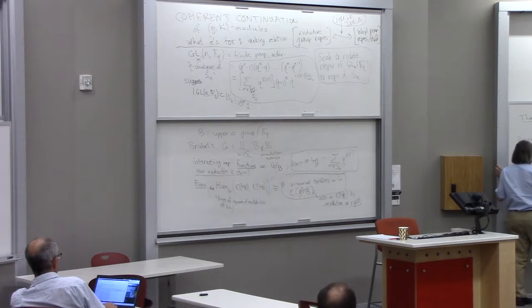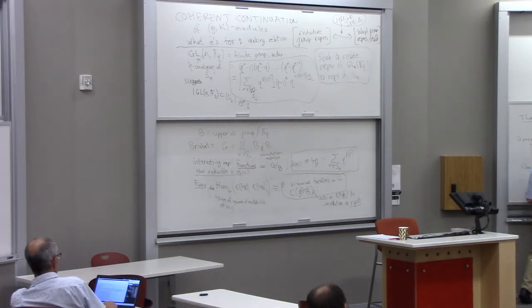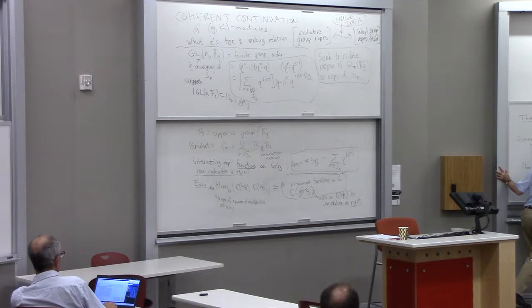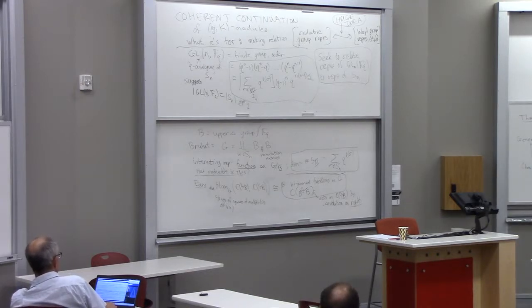These T_W. This is the class function of BWB, and so in particular, there's the identity element. It is this T1.